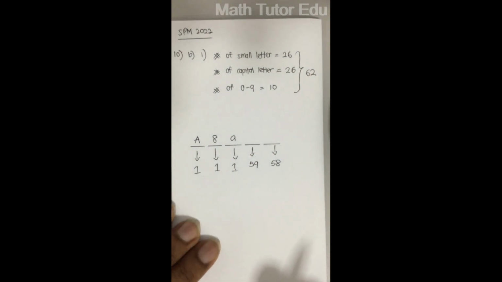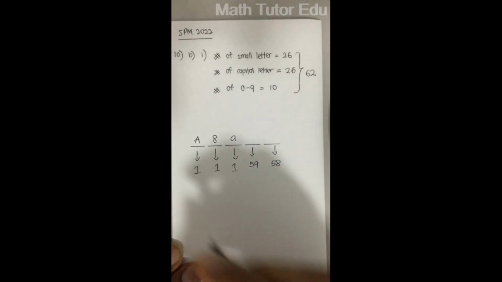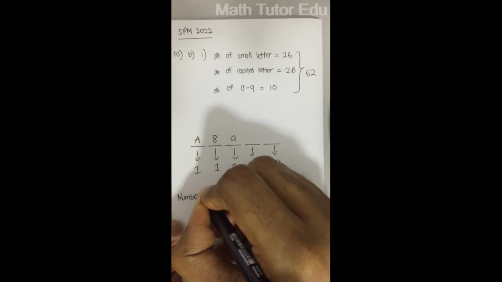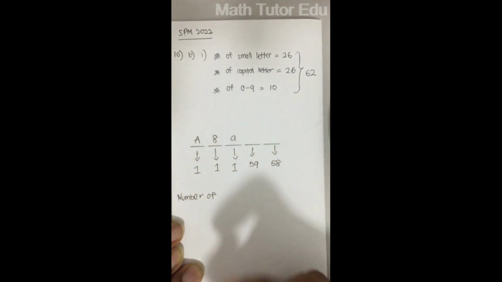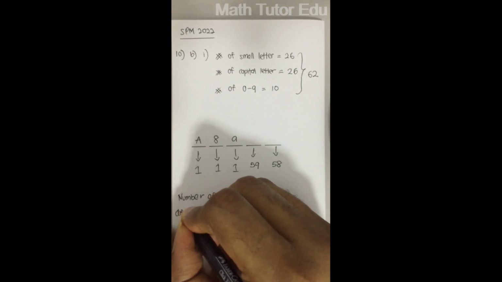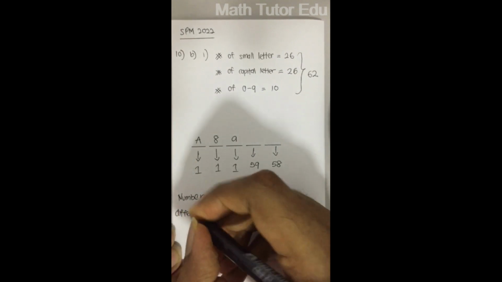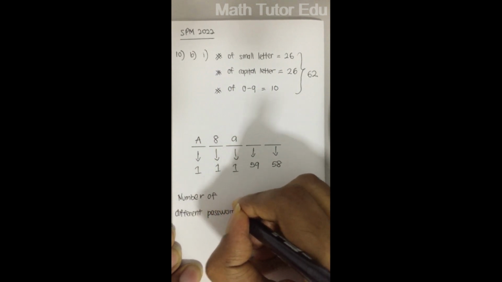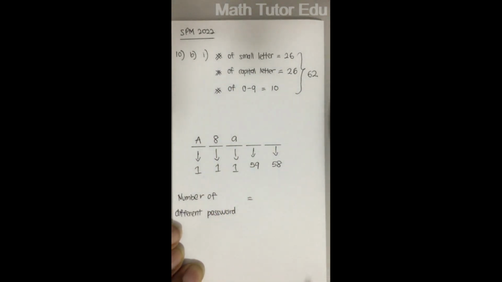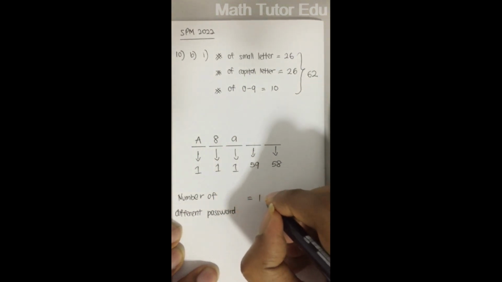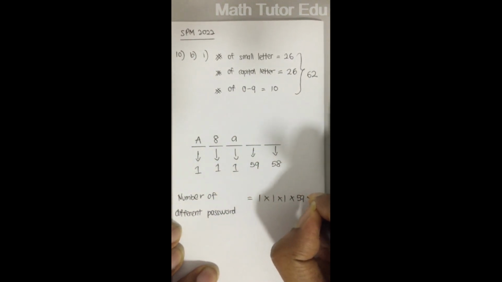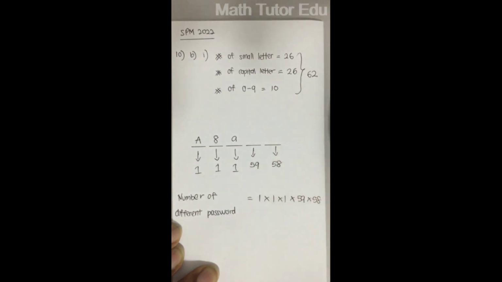So from here we already have the possibilities, so we can calculate our number of different passwords. The number of different passwords is equal to 1 times 1 times 1 times 59 times 58.